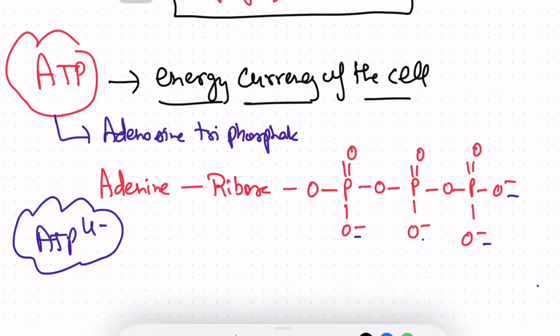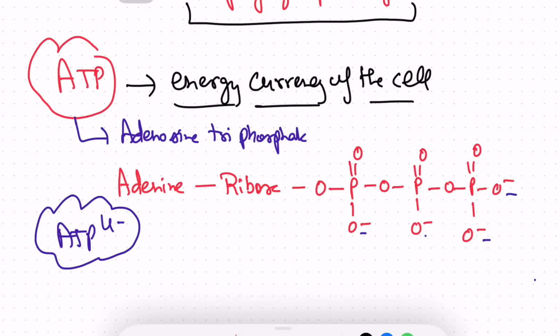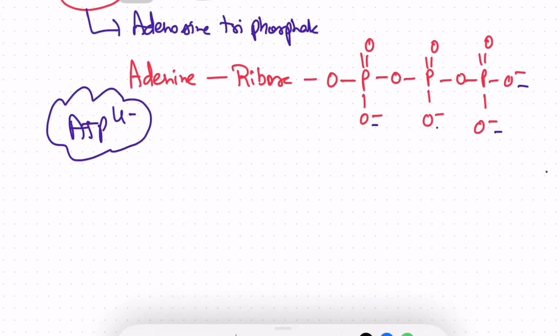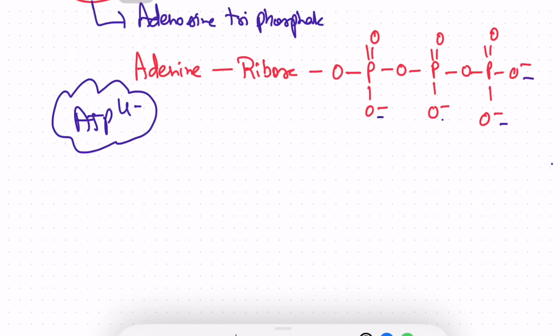Hopefully you remember within the cell you are going to have biochemical reactions, and these biochemical reactions can be of two types. One is catabolic reactions, another is anabolic reactions. Generally, by way of catabolic reactions, the cell produces ATP. Now if you see how ATP can provide energy, it can provide energy in two ways.